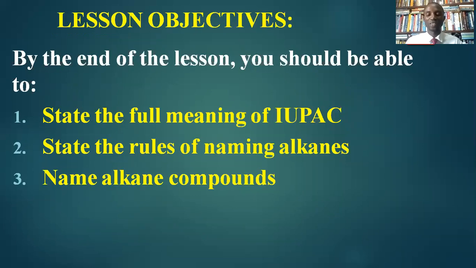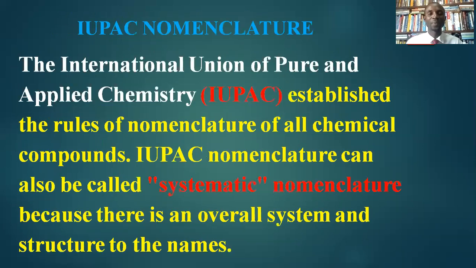First of all, what does IUPAC mean? The word IUPAC means International Union of Pure and Applied Chemistry. This union established the rules of nomenclature, rules of naming.